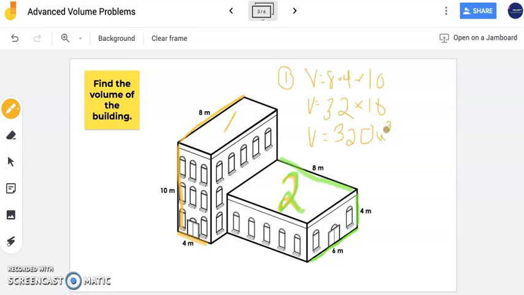But now I also need to do this for part 2 of my building. Part 2 I'll write over here due to space. So I'm going to label this 2. And now looking here, I have 8 times 6, which is the area of my base, times my height of 4.